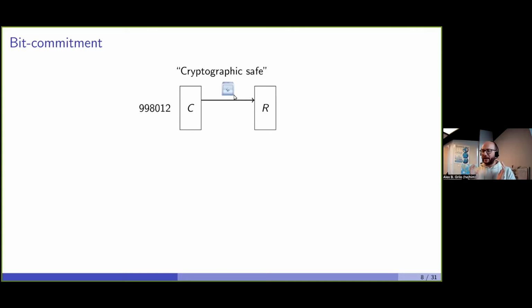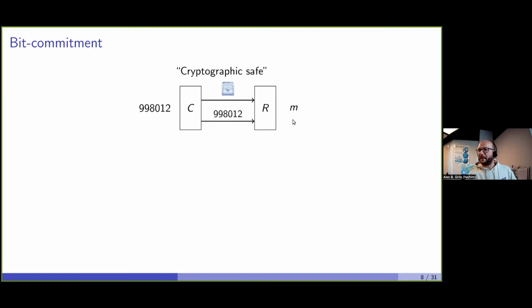The receiver does not reveal it, but knows that the message is fixed. Later on, when the committer wants to reveal the message to the receiver, it can only send the code that opens the safe, and the receiver can finally read the message M.